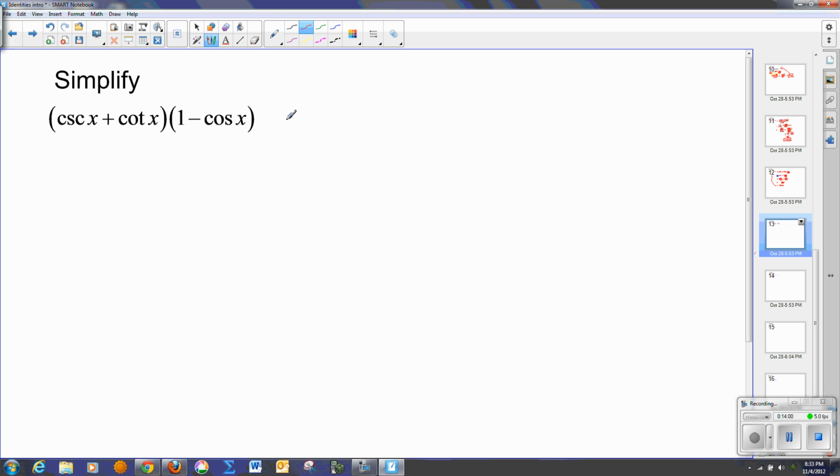So when I FOIL, I get cosecant plus cosecant x cosine x plus cotangent x minus cotangent x cosine x.